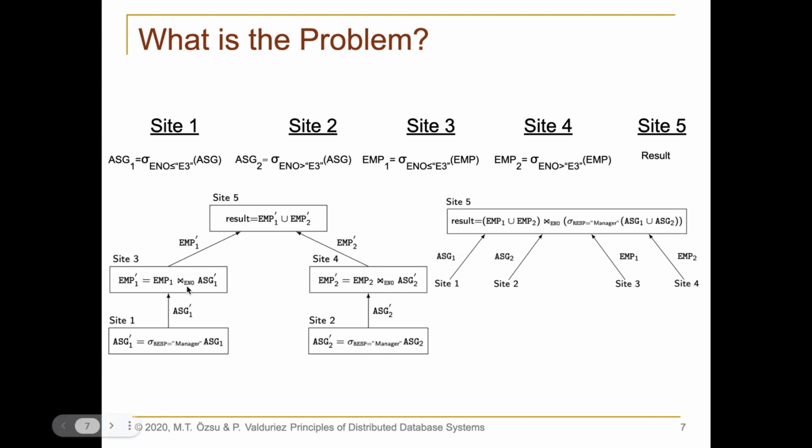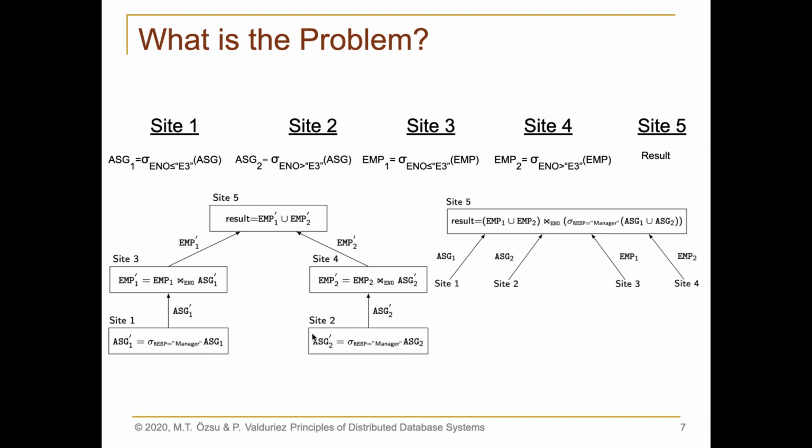In case of the first execution procedure, the first execution considers the fragmentation and distribution of data. So it first performs selection on assignment 1, which is located in site 1, and selection on assignment 2, which is located in site 2.